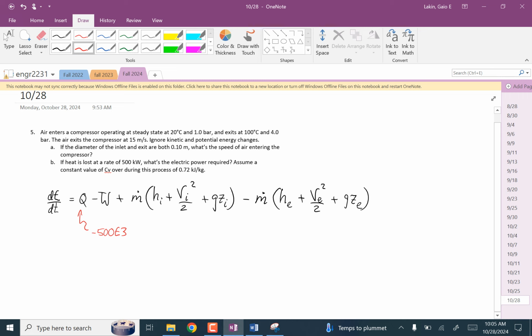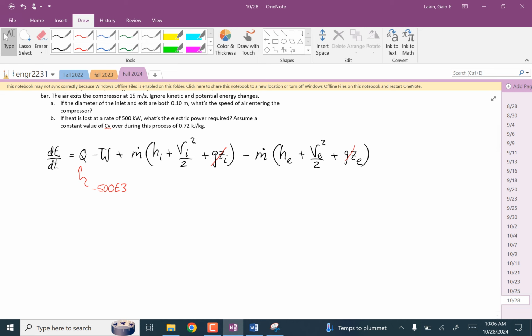And we can figure out the mass flow rate. We have everything we need to find the mass flow rate. What I did is I went to that air as an ideal gas table to try and find the specific volume. You can just find the specific volume using the ideal gas law. So Pv is equal to RT.